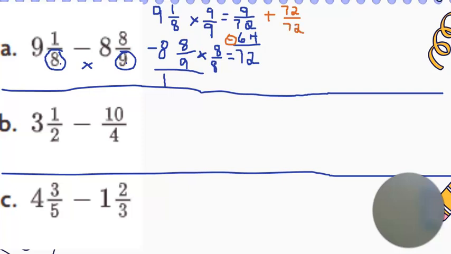And what we're going to do now is add 72 plus 9, and that gives us 81. Our new fraction will be 81 over 72. And then we're going to subtract 64 over 72.